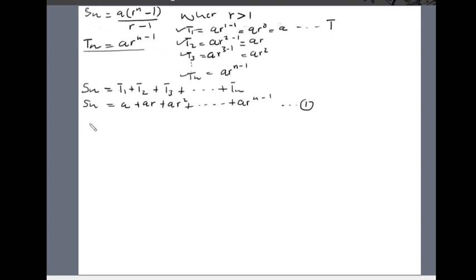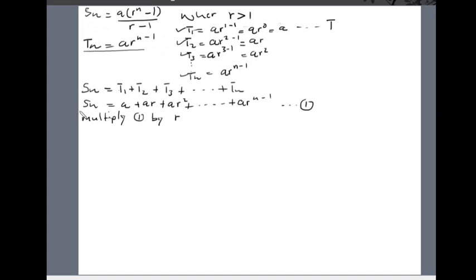Okay, and now the next step is we need to multiply equation 1 by r, right? So we multiply both sides of the equation by r.